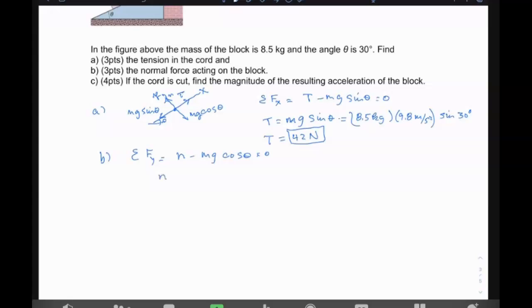So N must be equal to mg cosine theta, which is equal to 8.5 kilograms times 9.8 meters per second squared times the cosine of 30 degrees. And that results in a normal force of 72 newtons.